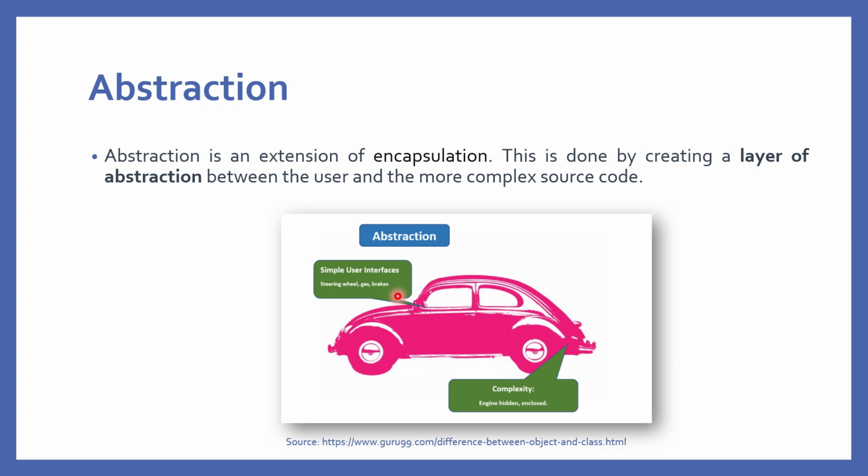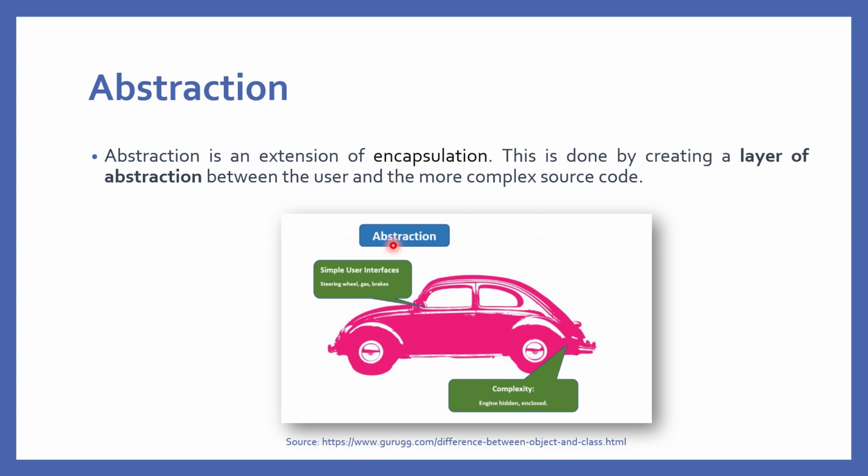You can also consider abstraction through the example of an ATM machine, where the whole network is hidden within the machine and it only has a very simple interface so that anyone can easily withdraw or deposit money. So you can consider the ATM machine an example of abstraction, where complexity has been hidden from the user and we have provided a very simple interface to interact with the outside world.